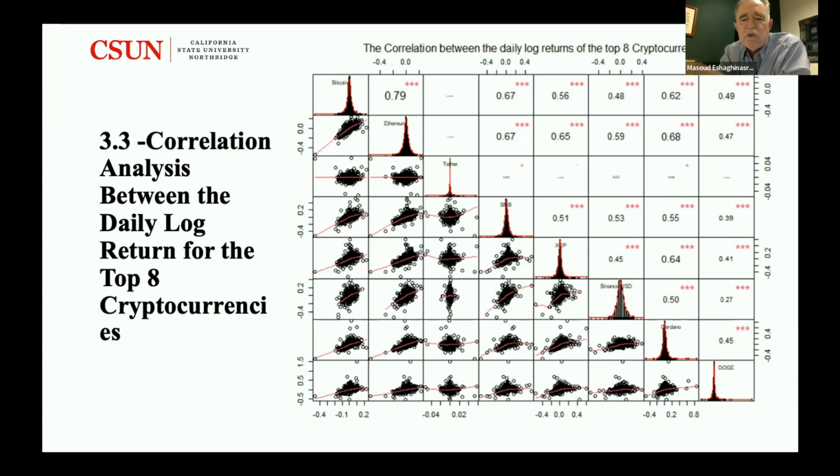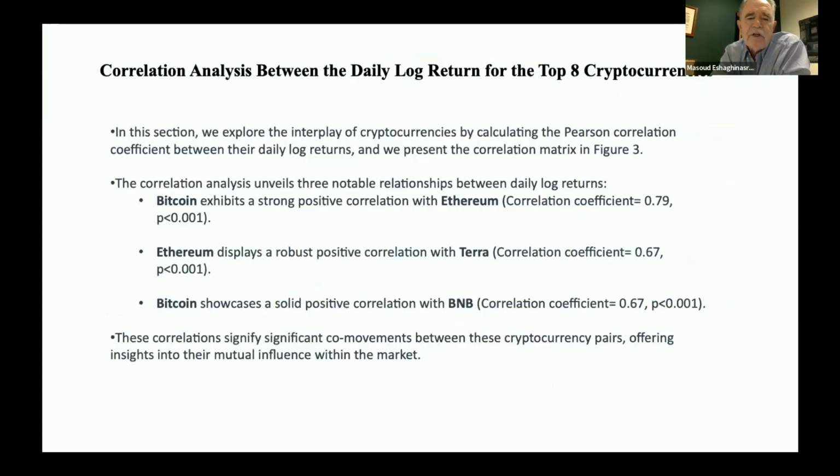So you can see that, and after that I go back to the analysis between daily log returns for these top 8 cryptocurrencies. For example, all are positive and the correlation is less than that, but Bitcoin exhibits strong positive correlation with Ethereum, and this is very good.